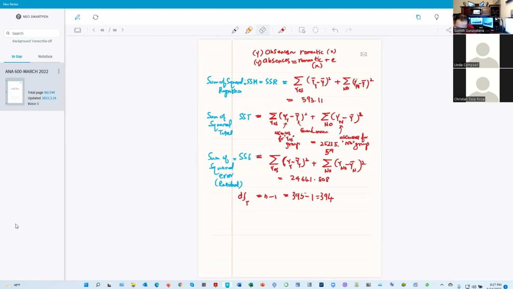But on the other hand, degrees of freedom of error is nothing but n minus the number of parameters. So you have n 395, number of parameters 2. Can you remember what those are? Beta naught and beta 1.